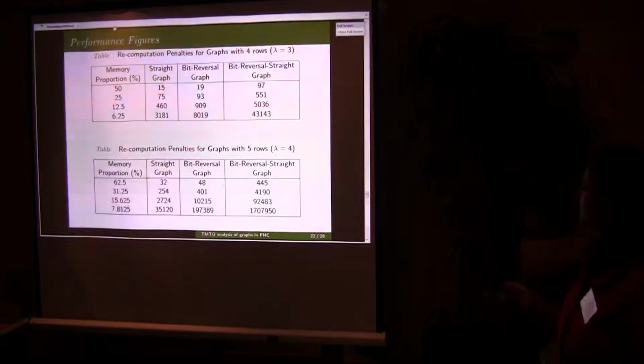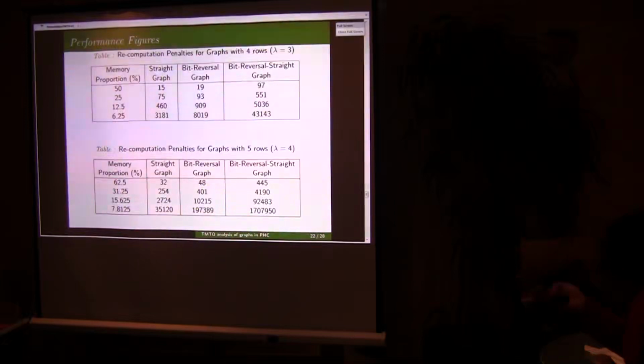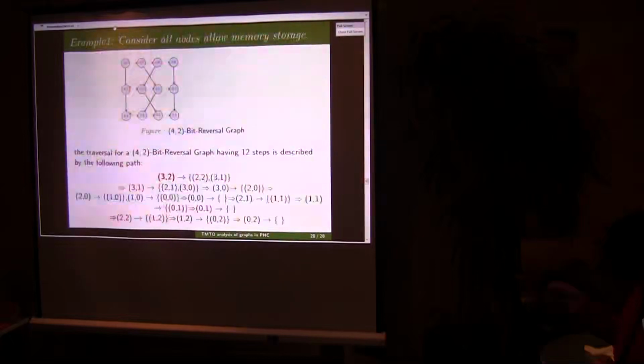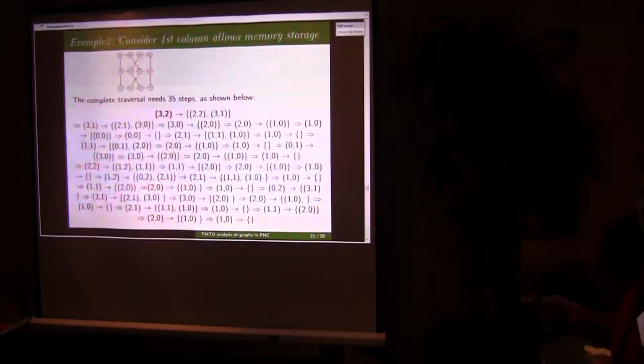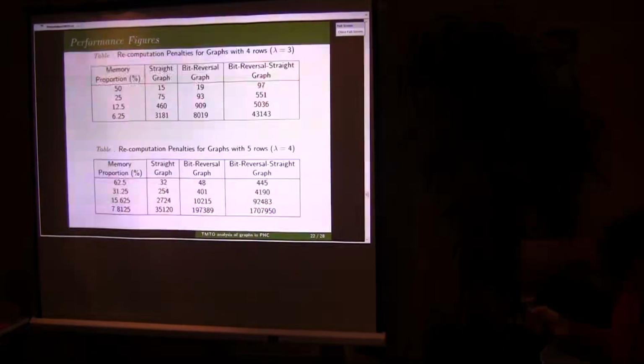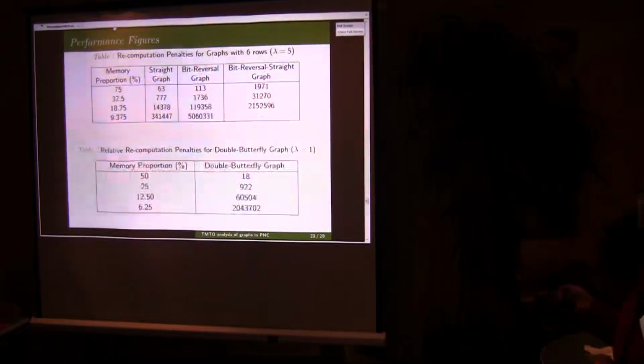Through this table we are showing these things. If it is written that lambda is equal to 4, it means this number of rows. Here lambda is equal to 2. So we are varying the number of rows, and we have shown these results.